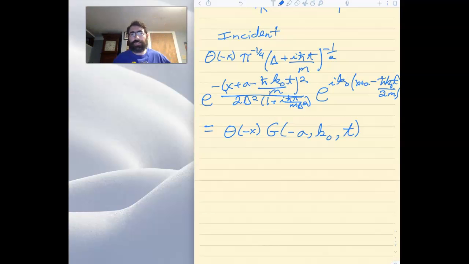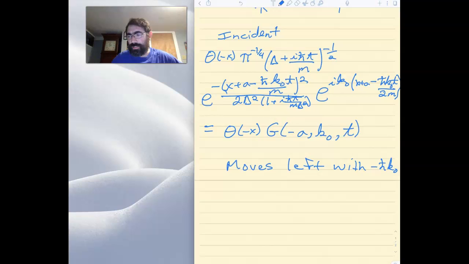Because the reflected wave function should also be a wave packet that's now moving in the opposite direction. It moves to the left with a momentum of minus h bar k0, the same momentum as the incident particle.